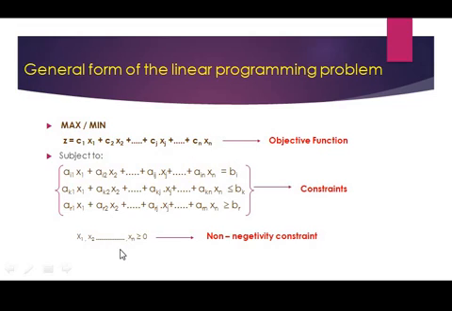There is one more special kind of constraint which is called non-negativity constraint. That is, all the decision variables x1, x2, x3, so on up to xn should be greater than or equal to 0. Why should they be greater than or equal to 0? These are representing physical entities of the real world.